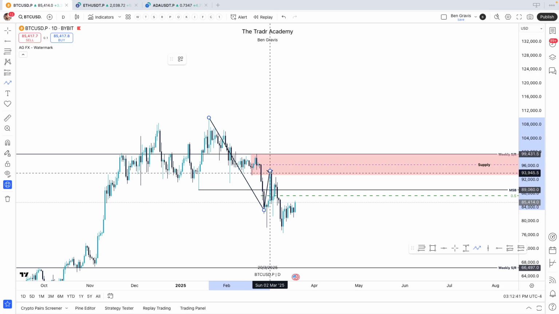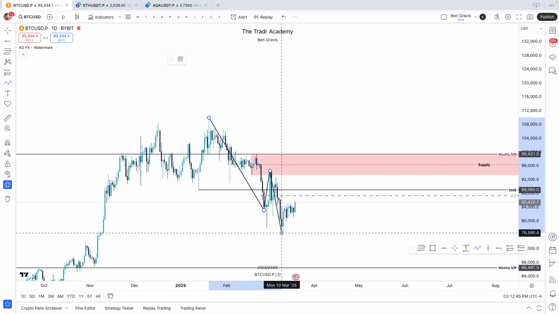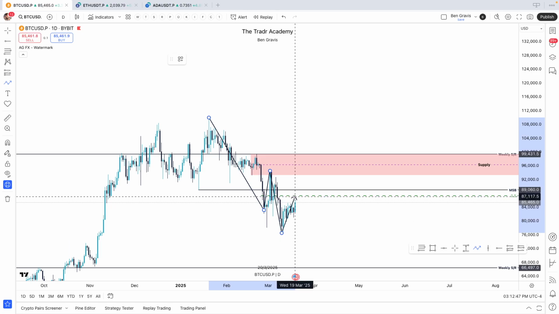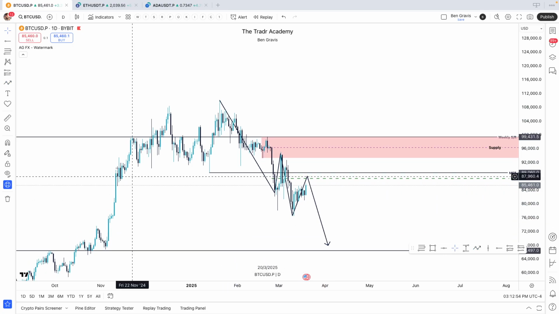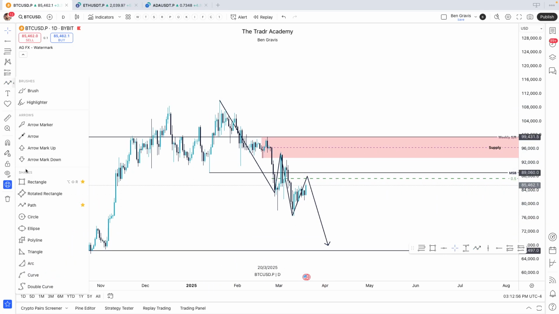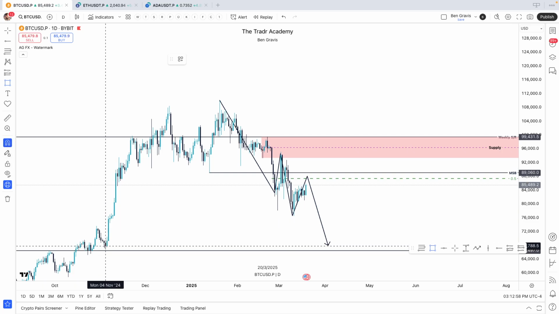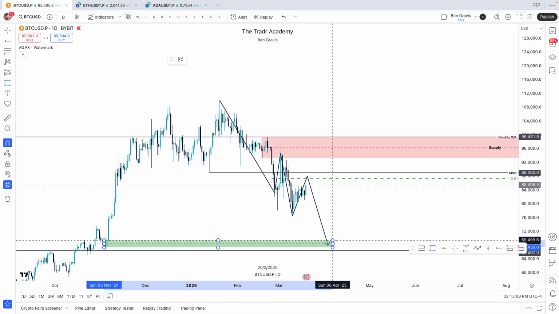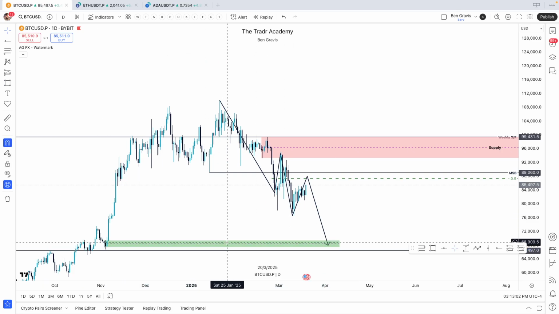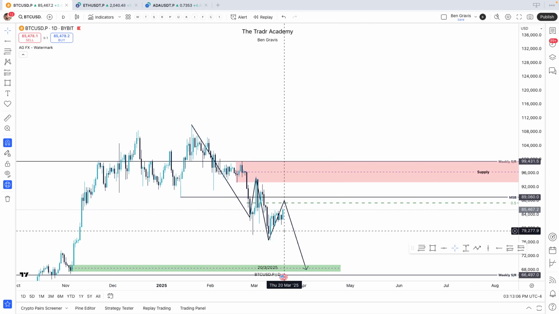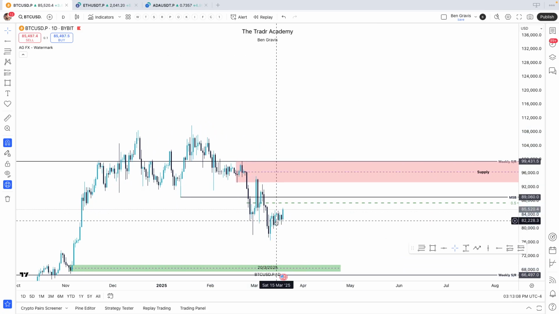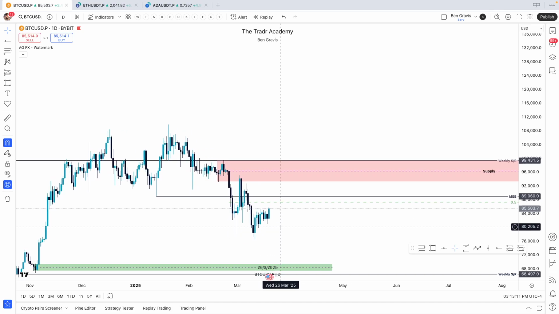Higher low, lower high, sorry, lower low, and we can still hit this zone and move into demand. So that's maybe what I think that might happen. Like this. Okay, because we do have that market structure break on the daily as well.